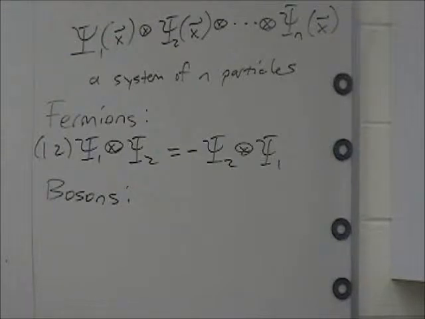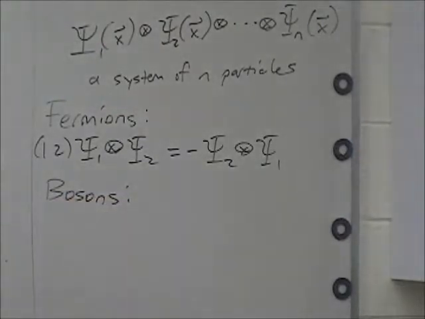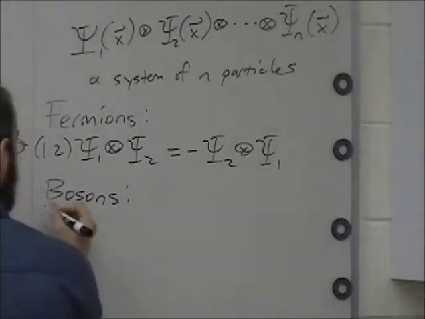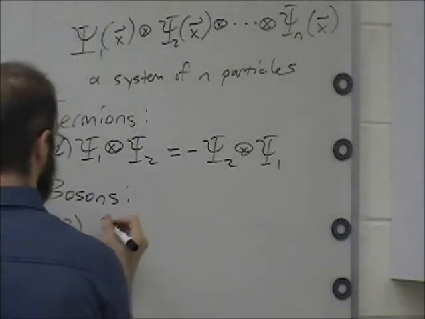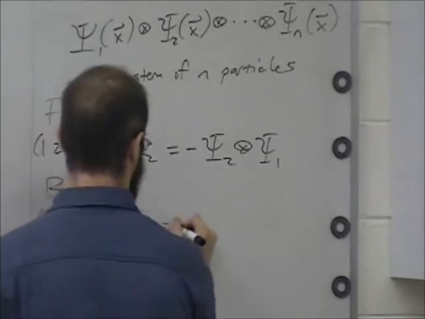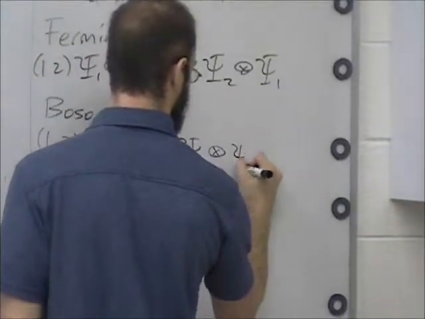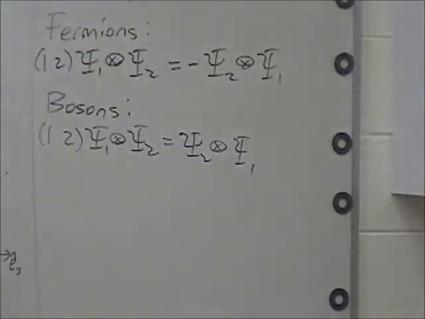Because bosons can be in the same place at the same time, fermions can't. And it comes from this relation here. Okay, so if I do the same action on bosons, it doesn't hurt anything. They're symmetric under interchange of particles, and fermions are anti-symmetric under interchange of the particles.